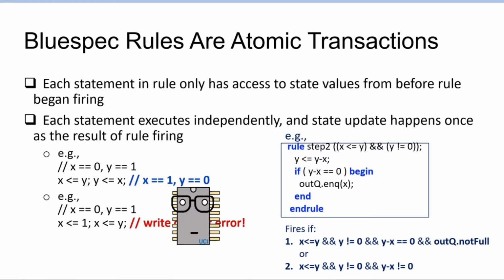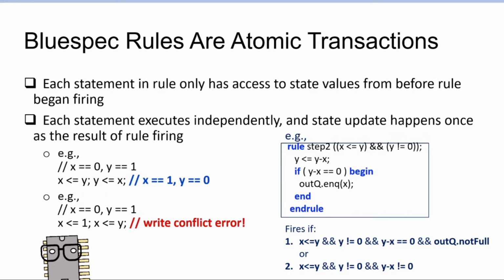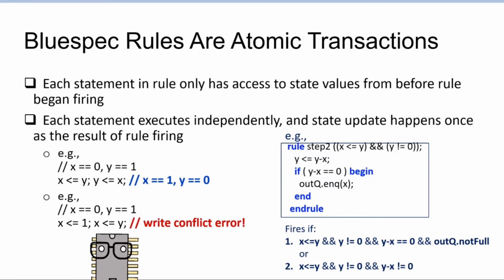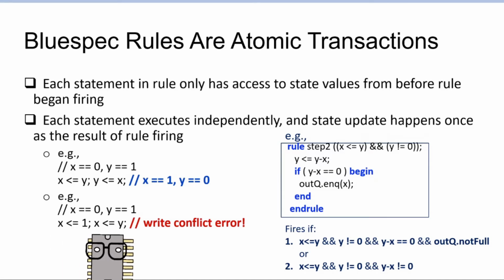An interesting caveat of this is that because each of these statements is independent, if two statements try to update the same state, for example, if one of them wants to set x to 1 and one wants to set x to y, then in a software language, x equals 1 will turn x into 1, and then x equals y will turn x into 1 again, because y is 1.